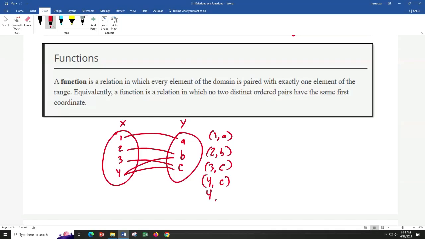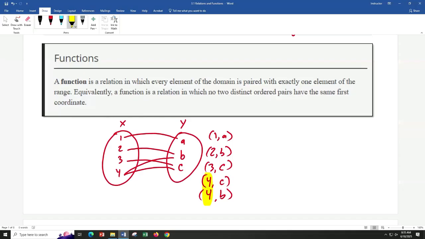Notice 4 happened again. That would not be a function because the 4 happened twice. It doesn't matter about the Y's. All that matters is you cannot have the same X value twice.